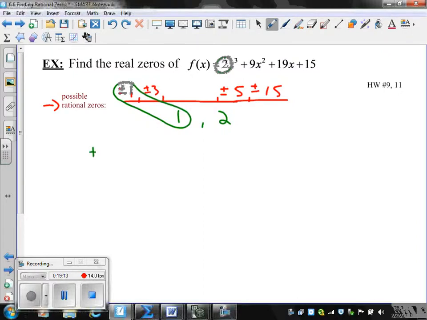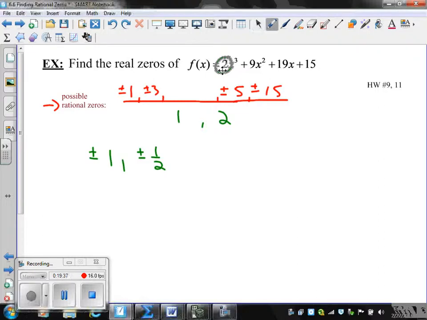And then I'm going to take my first number up there and the next number on my list in my denominator. The next set of numbers is going to be plus or minus a half. Those are also going to be possible rational roots. And I'm going to do this for every term up top and every term down below. I'm going to do plus or minus 3 over 1, plus or minus 3 over 2.